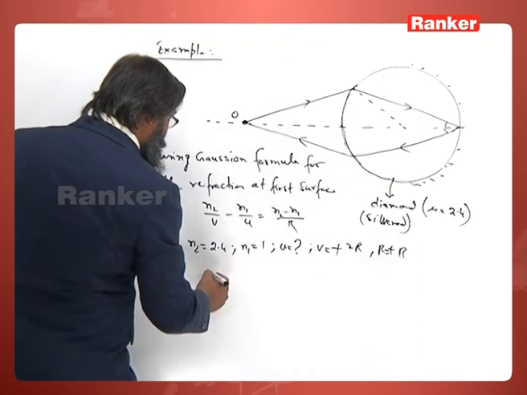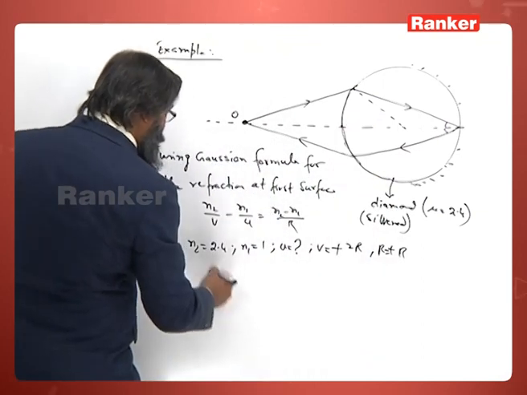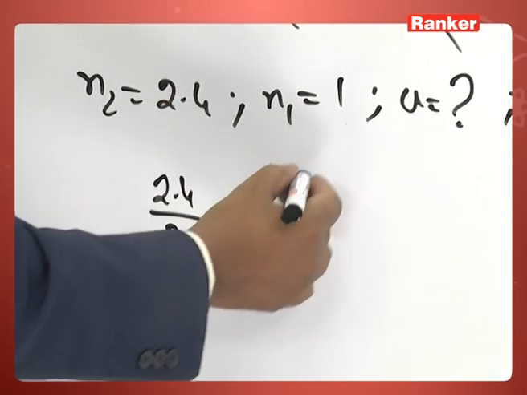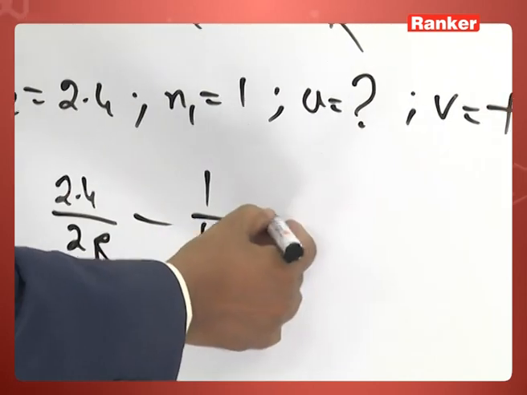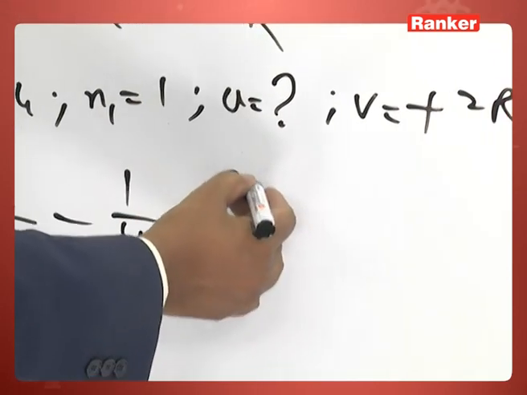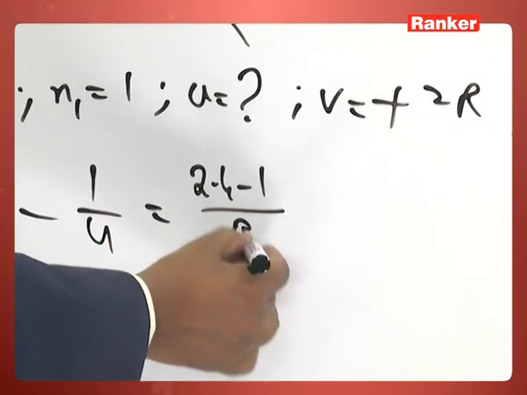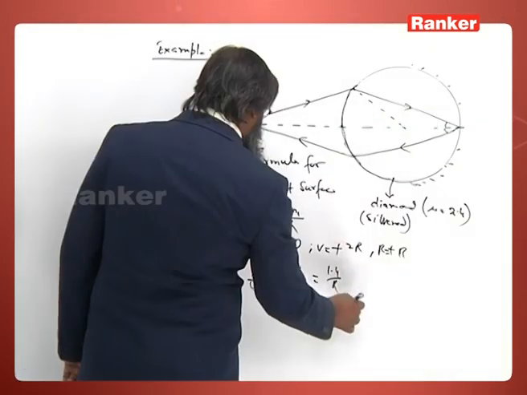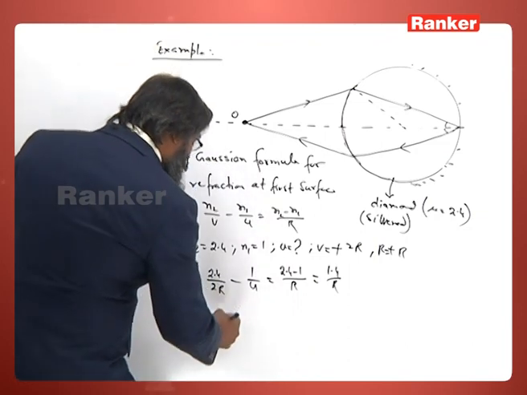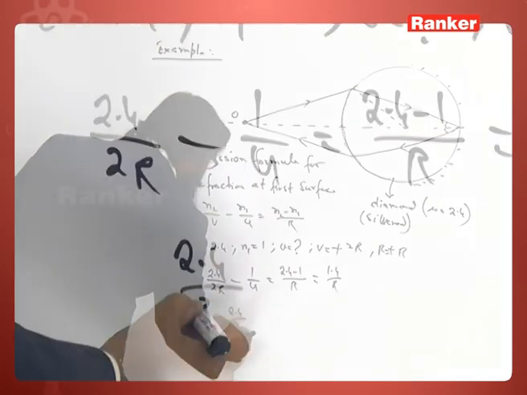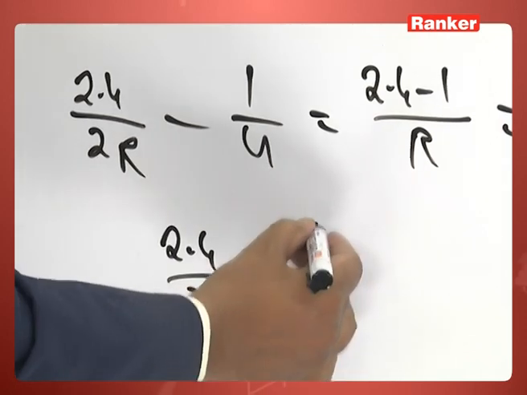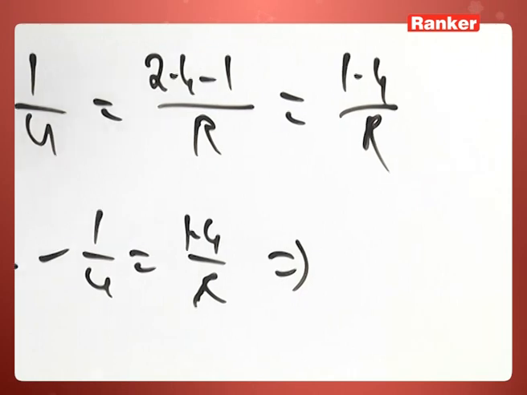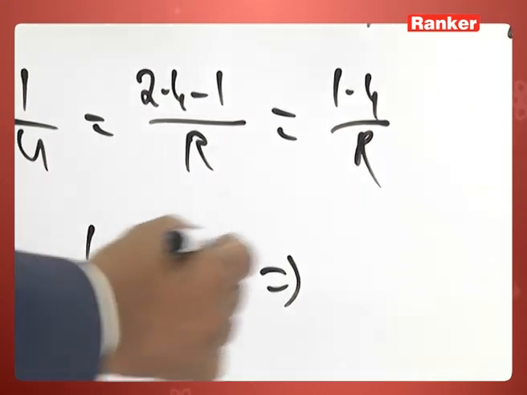So, N2 is 2.4 by V, which is 2R, minus N1, which is 1, by U, which has to be calculated, equals (N2 minus 1) by R, that is 2.4 minus 1, which is 1.4, by R. So, it is 2.4 by 2R minus 1 by U is equal to 1.4 by R. Let us simplify it.